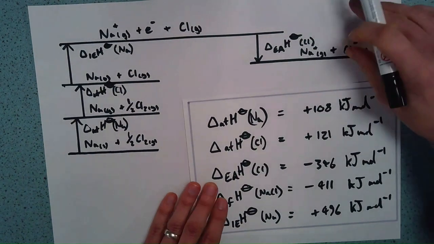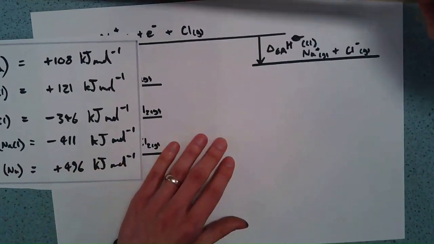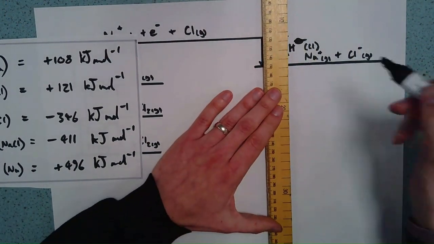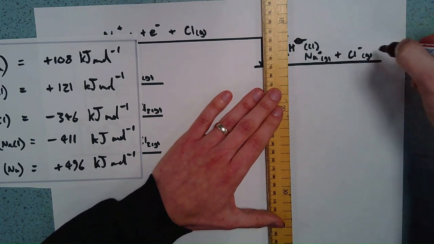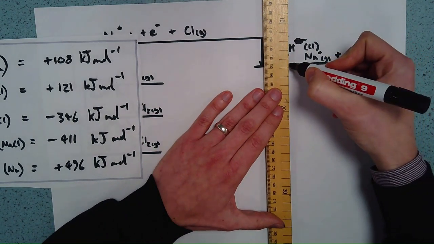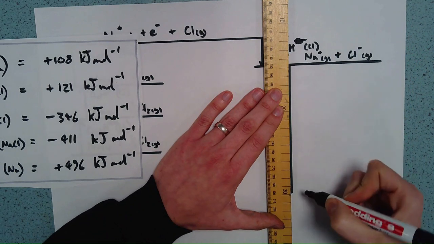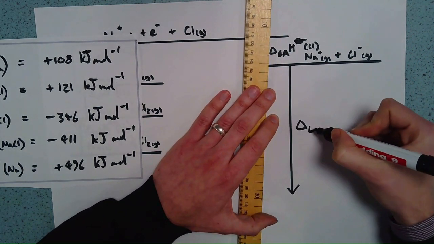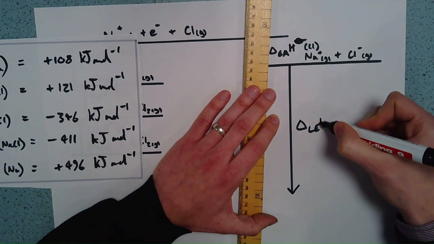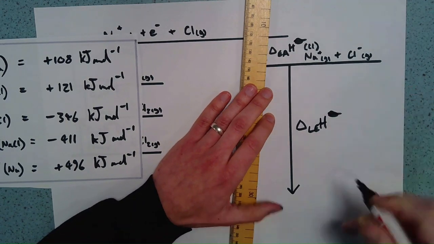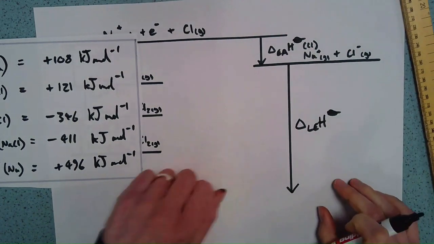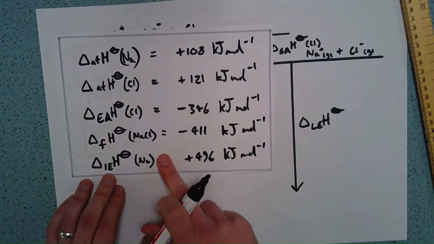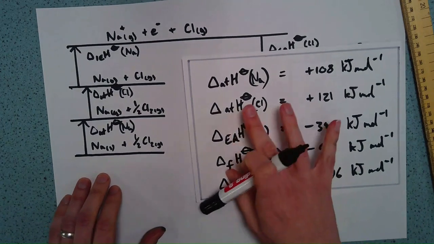So our lattice enthalpy, we know, is going to be the joining of these two together, and we know that that's going to release a lot of energy. That is going to be delta LE H. And we don't have a value for that. We're going to need to calculate that.